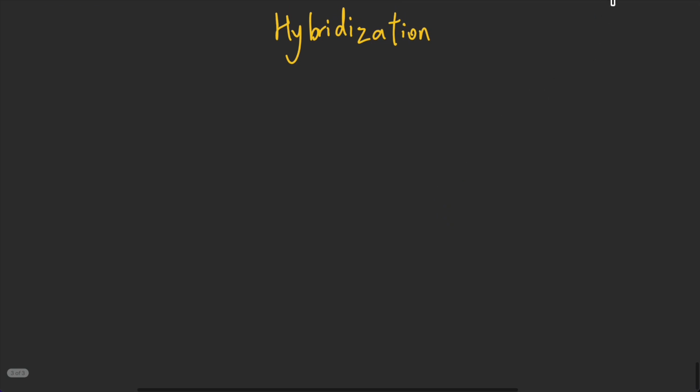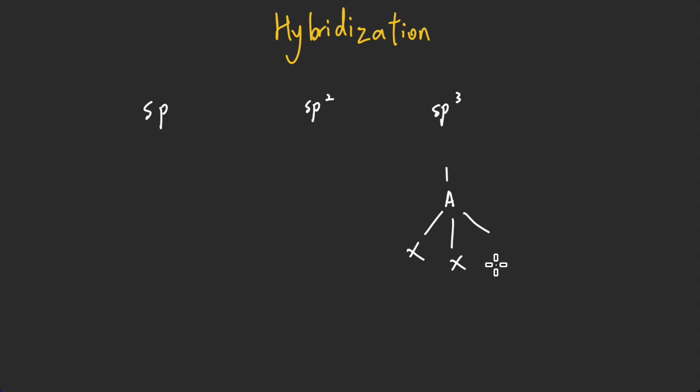So now let's talk about hybridization. In terms of hybridization, we know that carbon has sp, sp2 and sp3 hybridization. There are some differences between them. sp3 is actually the tetrahedral shape, which looks something like this, right?